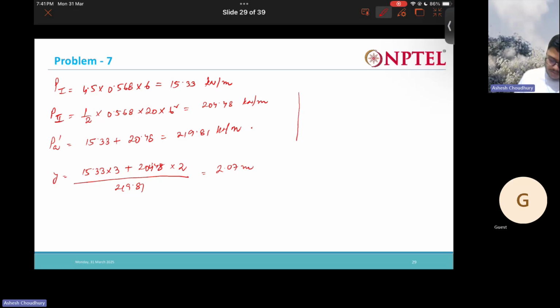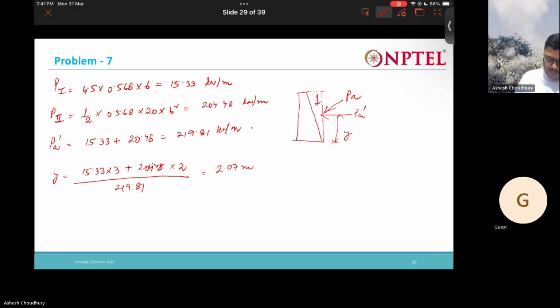So this is the wall. Okay, and here you have this soil, and this is where your PA dash is acting. Now I want to find this PA. PA is nothing but the resultant of this PA dash and the weight of this soil wedge.